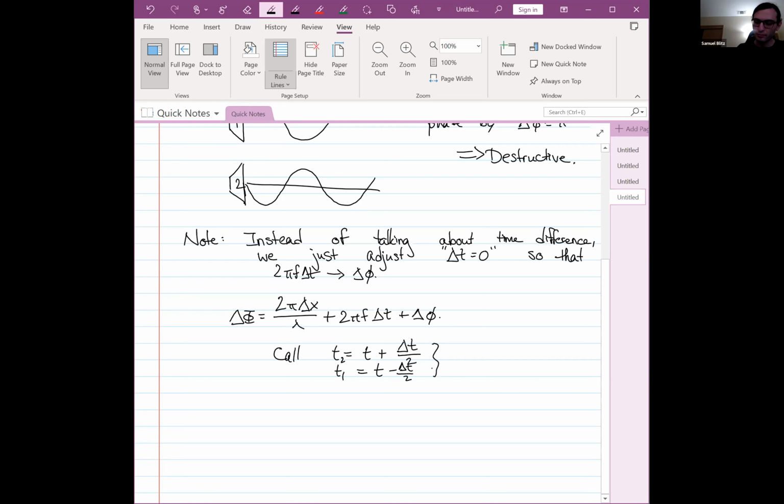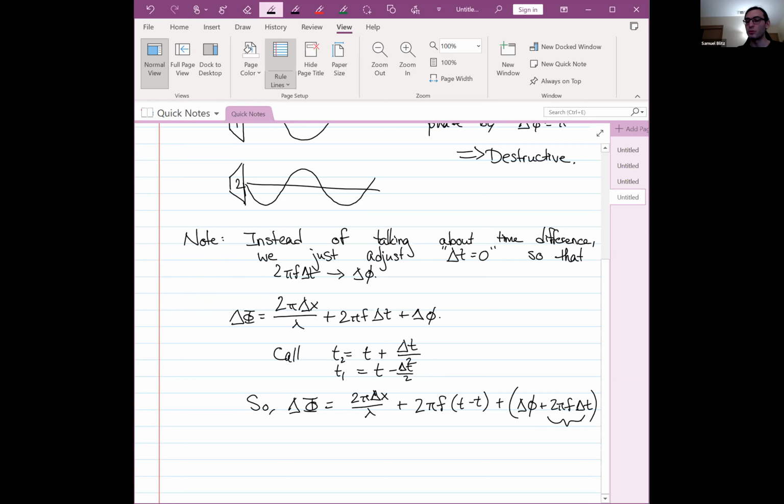And so then, delta T is just a number. So we can absorb this into our delta little phi: 2 pi delta x over lambda plus 2 pi f (t minus t), which is the difference of this part, and then we're going to absorb the second part into delta phi, plus delta phi plus 2 pi f delta t.